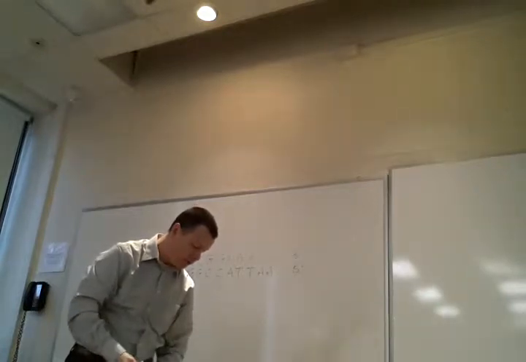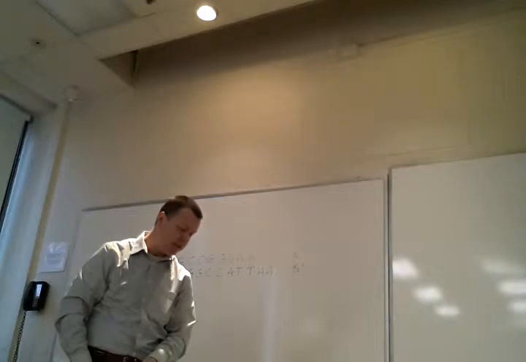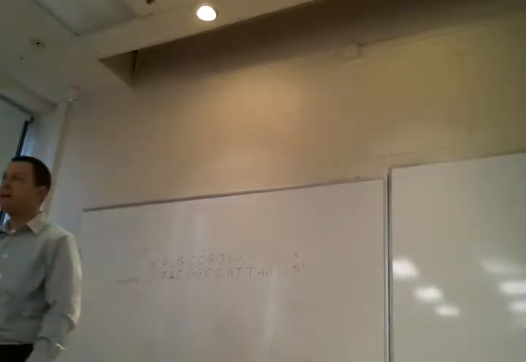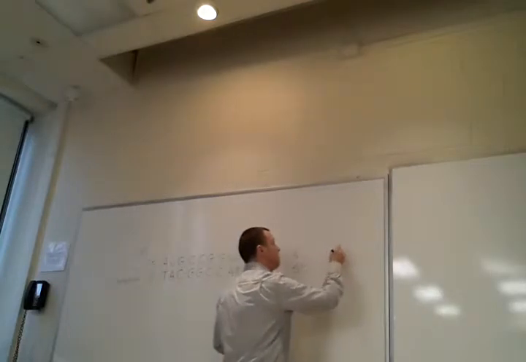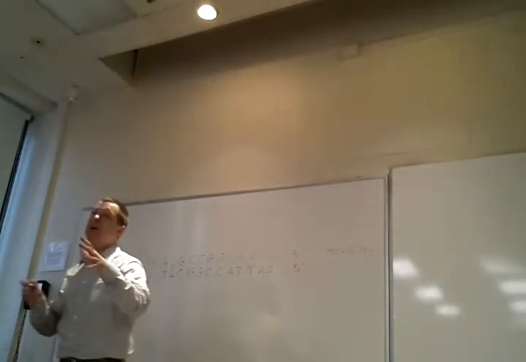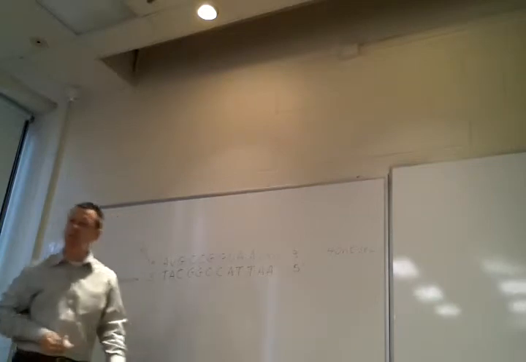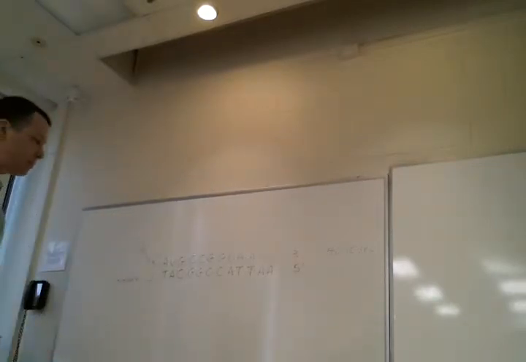Transcription is not quite as fast as DNA replication, but it's happening about 40 nucleotides per second, give or take. DNA replication was like 200 nucleotides per second, so it's a little bit slower, but it's still doing it at a pretty nice clip. So it's doing that cycle 40 times every second.